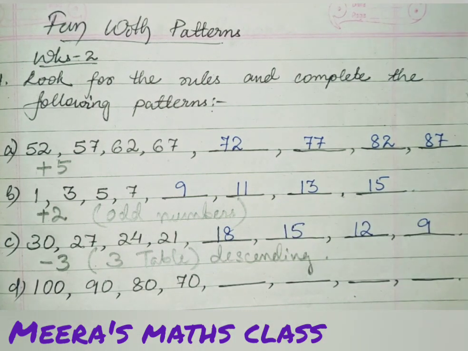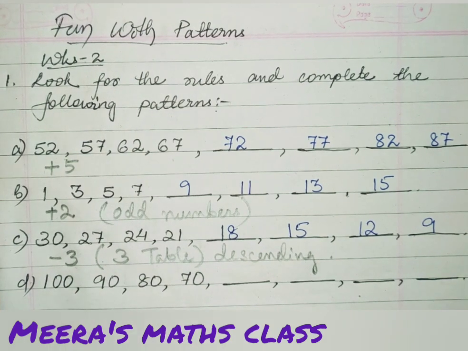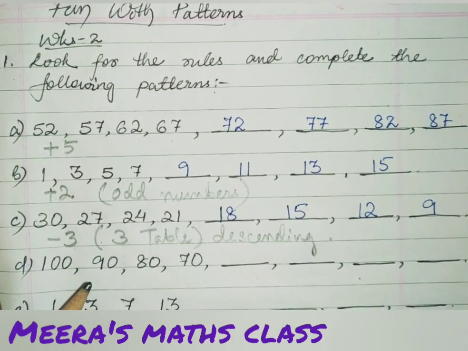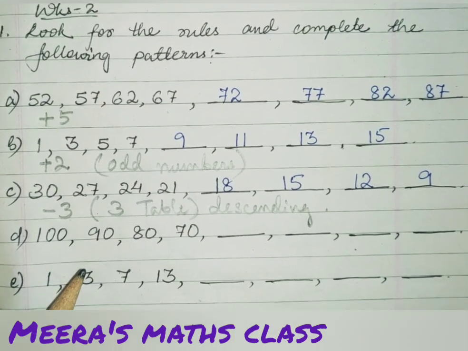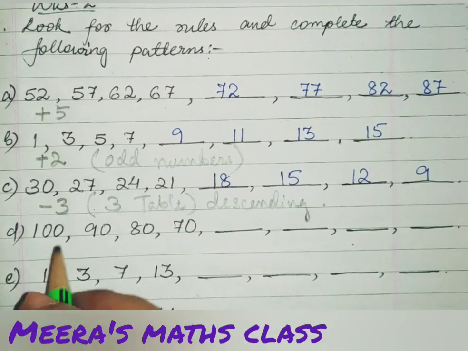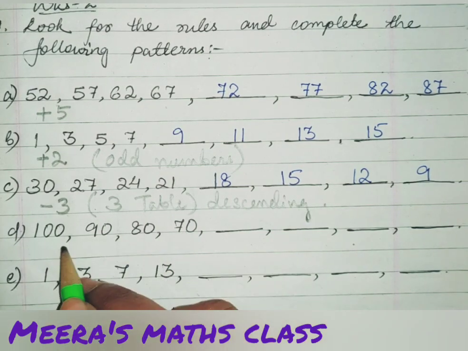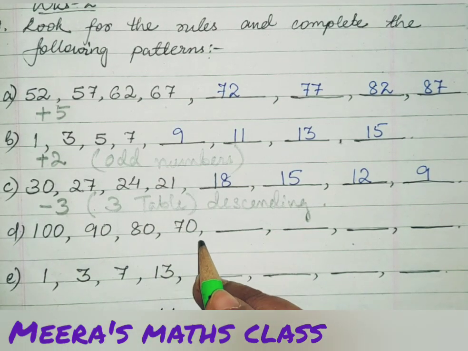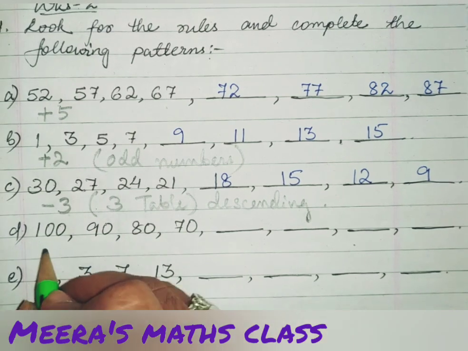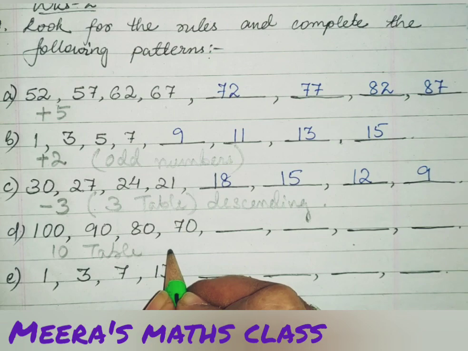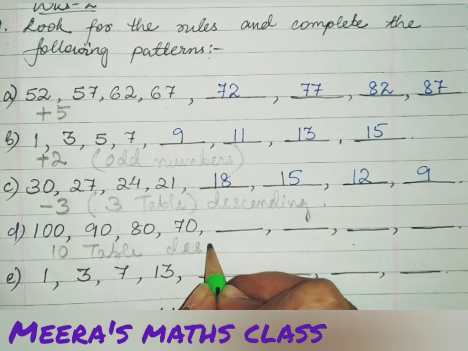Then number D. Let's move to number D. In D number you can see 100, 90, 80, 70. These all are multiples of 10, or you can say the 10 table in descending form, isn't it?